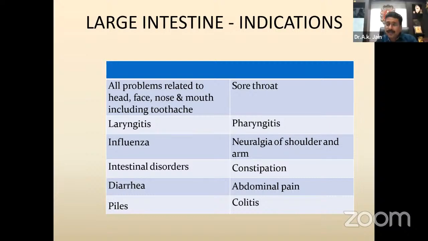Commonly, we are using the LI1 point as a very good Jing-well point, emergency point, for toothache, sore throat, swelling of the throat, or numbness of the finger. These are very important functions of LI1.